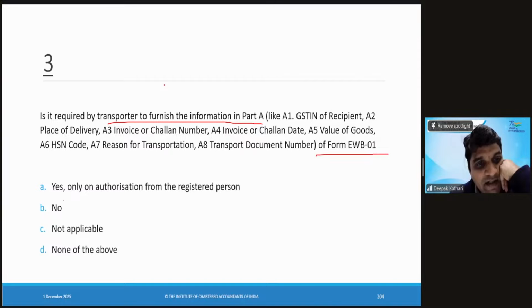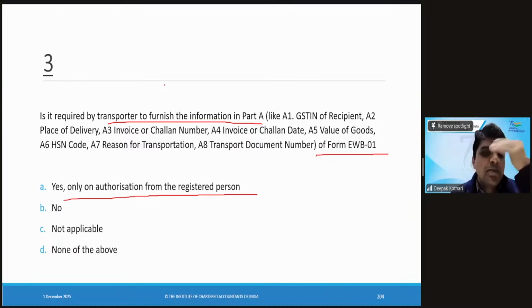Generally, no. But yes, only on authorization from a registered person, he is required to fill the part A. Because if he is given any goods for transportation and details in part A are not filled, then he will have to fill the part A. Only on authorization from the registered person can he fill the part A. He cannot independently generate it, correct? But with the authorization, he can generate it.